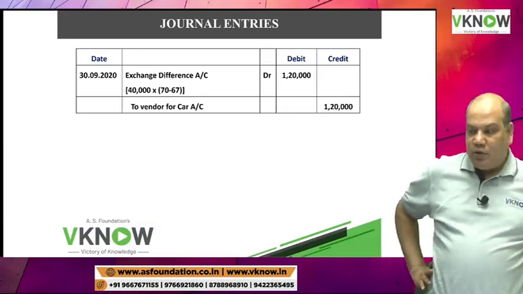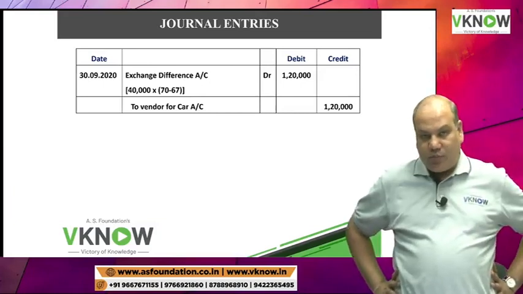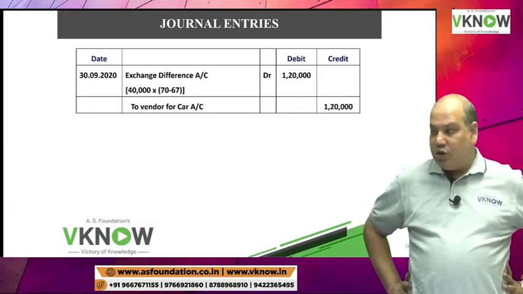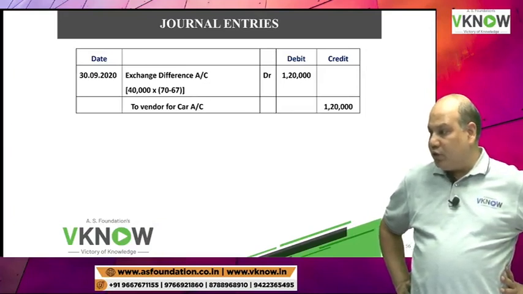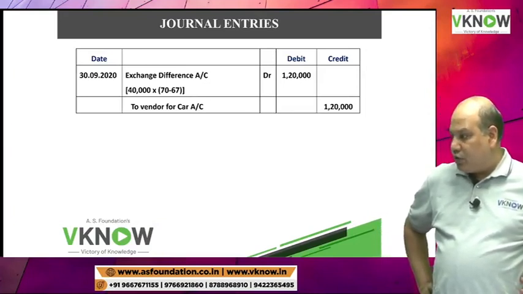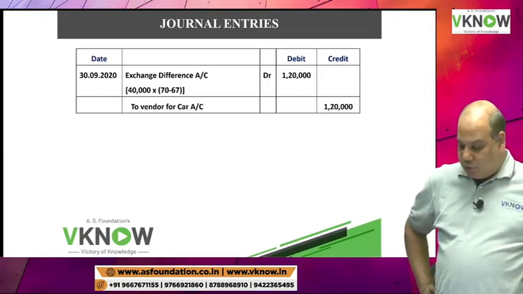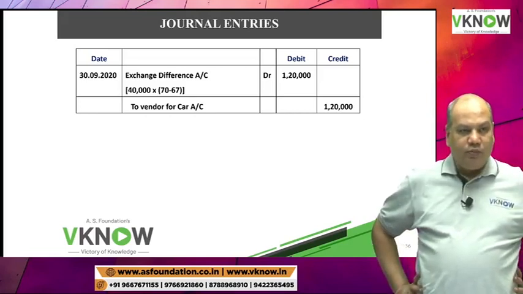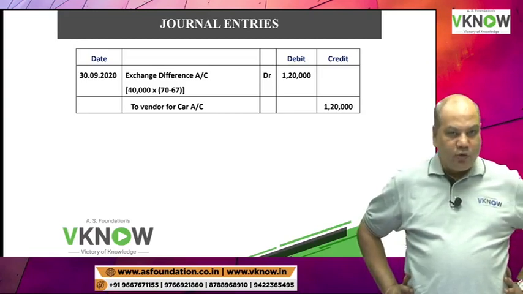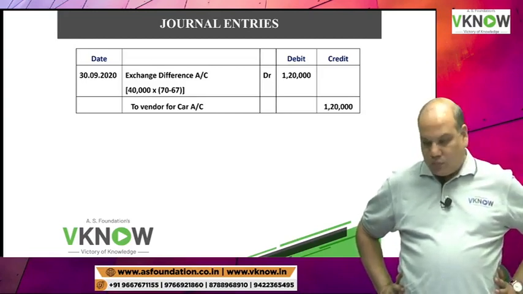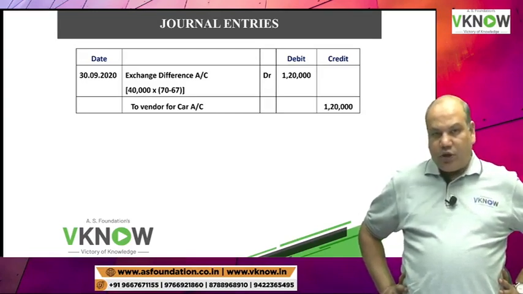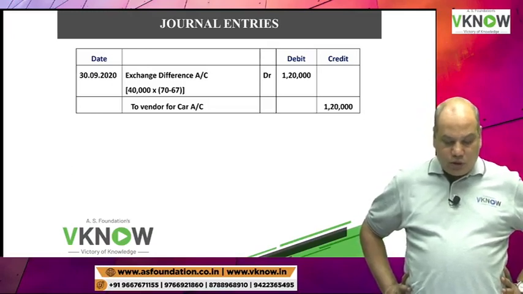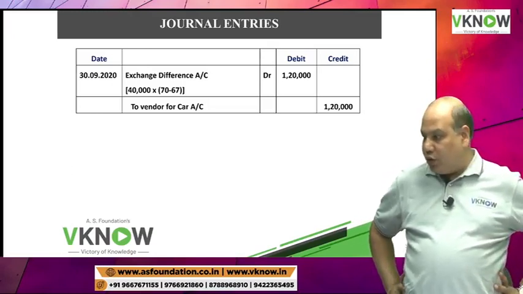So my entry will be exchange difference account debit 40,000 into 3, to vendor for car, 1,20,000. Narration is homework.